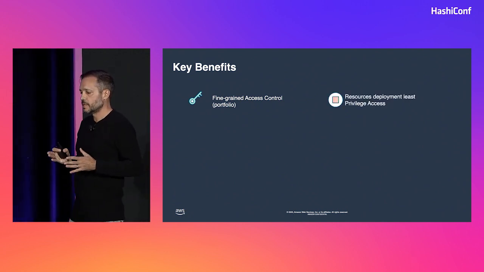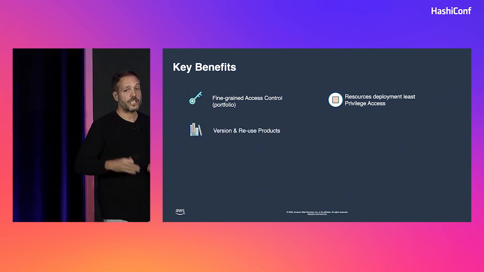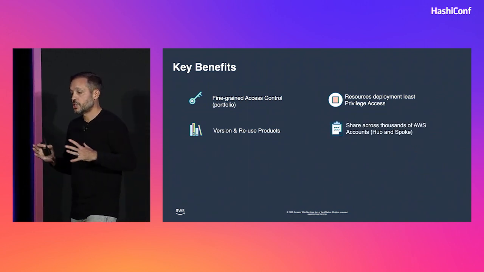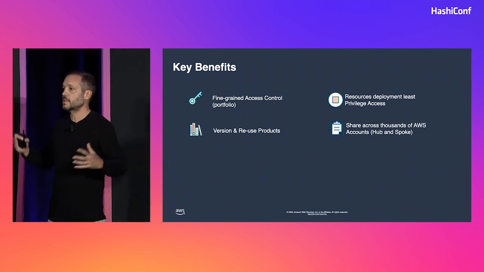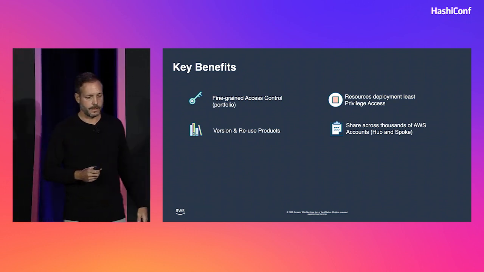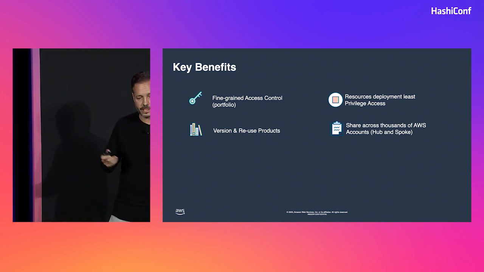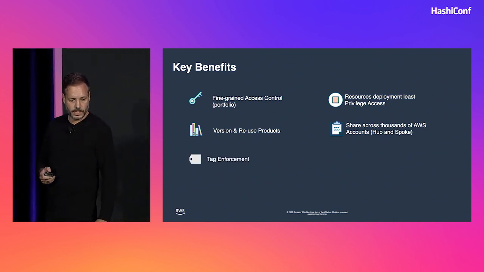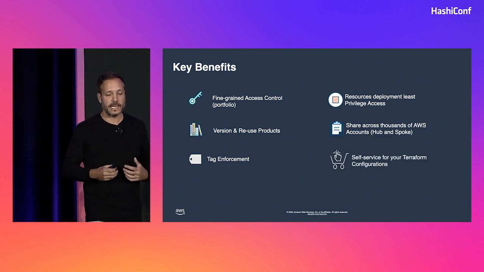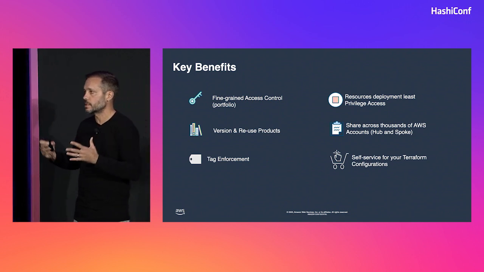Least privilege resources deployment with launch constraints, versioning of your Terraform configuration, sharing and distribution of that infrastructure as code templates within your organization with hundreds of accounts and hundreds and thousands of users, categorization with tags. And at the end of the day, the primary value of Service Catalog is to offer self-service provisioning to the builders in your organization.